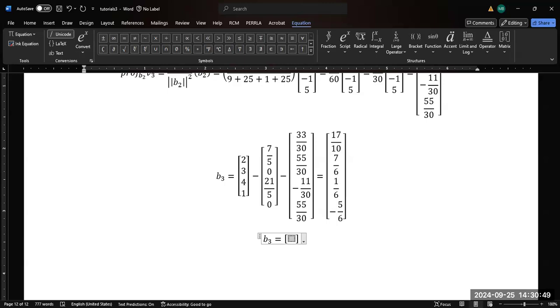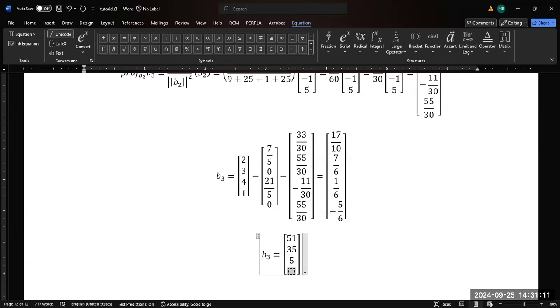So 17 divided by 10 times 30 is going to give me 51. And then 7 divided by 6 times 30 is going to give me 35. And 1 divided by 6 times 30 is obviously going to give me 5.